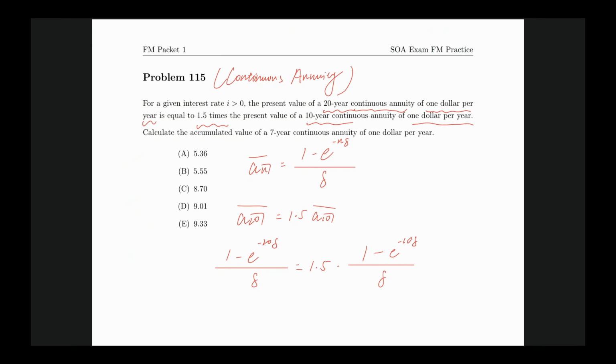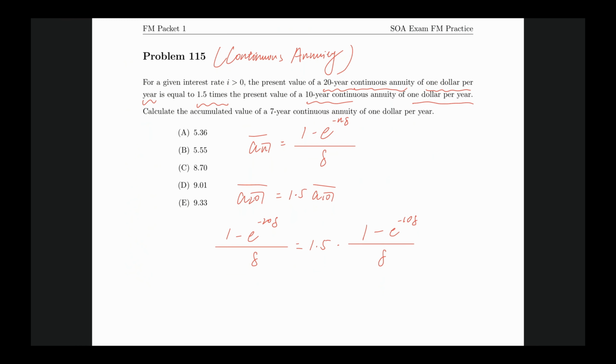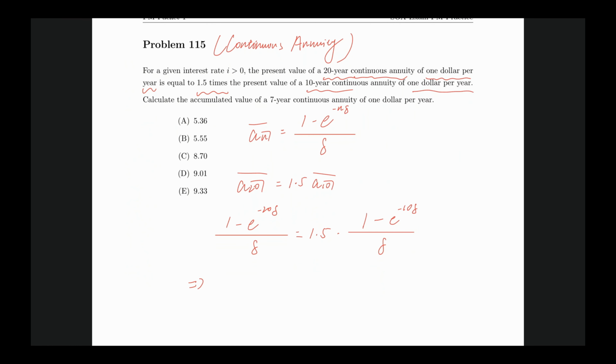Since that's the case, I can multiply both sides by the force of interest and get 1 minus e to the power of negative 20 times the force of interest, equal to 1.5 times 1 minus e to the power of negative 10 times the force of interest. If I want to solve for the force of interest directly, this is probably going to be a hard job.